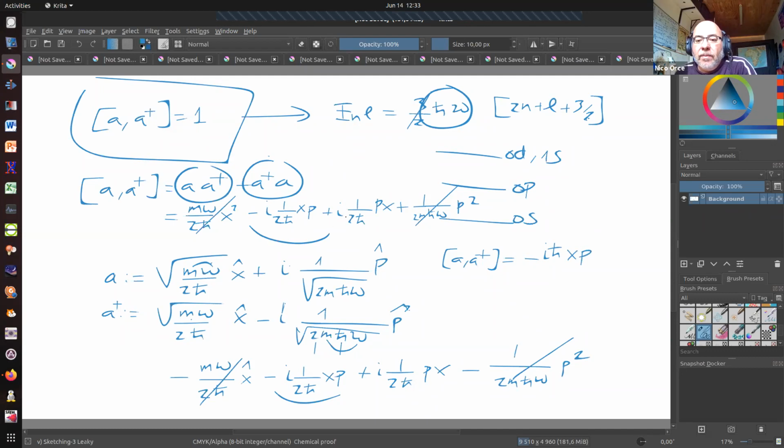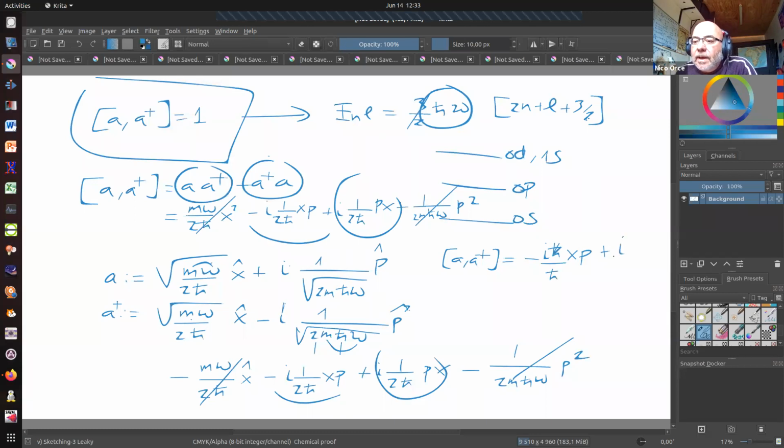And then here we have 2 times this px, so plus 2 times, we remove the 2 in the denominator, plus i, actually there shouldn't be an h bar here, but an h bar down here, right?